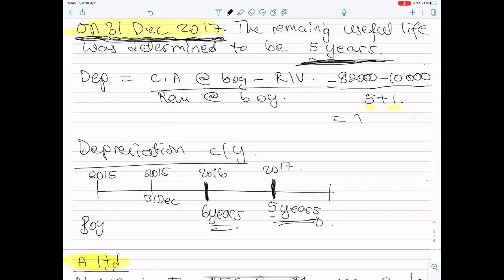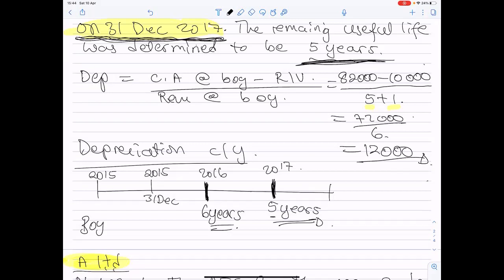So in this case, it will be 72,000 divided by 6. Yes, 72,000 divided by 6. I'm going to get a depreciation of 12,000. Am I right? 82,000 minus 10,000 divided by 6.